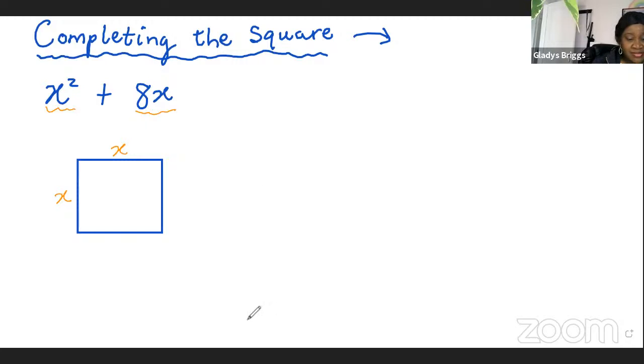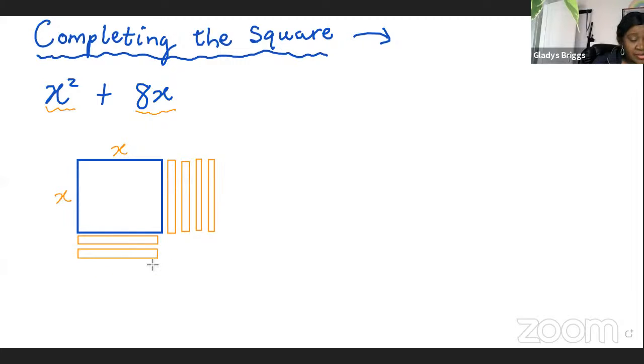So I'm going to get some rectangles. 1x, 2x, 3x, 4x, 5x, 6x, 7x, 8x. So I put half here and I put another half here, to make my 8x.